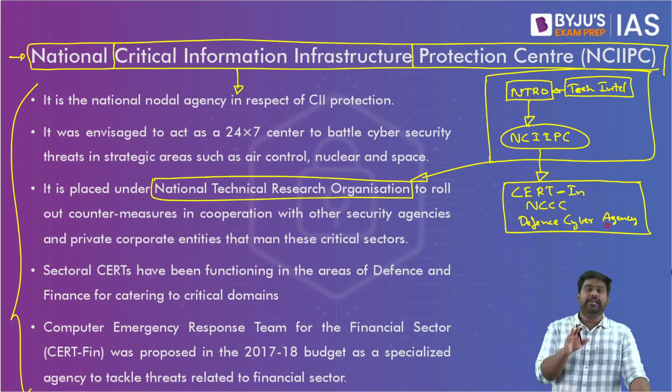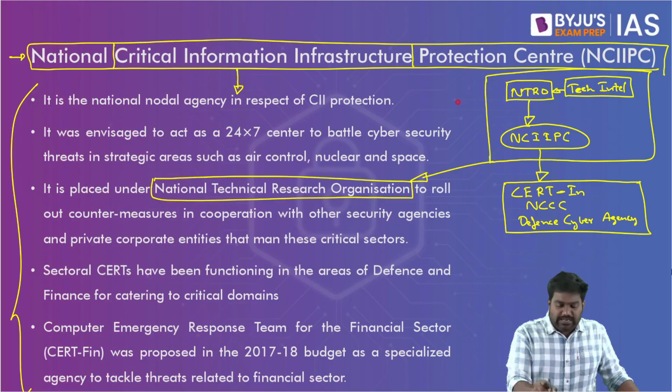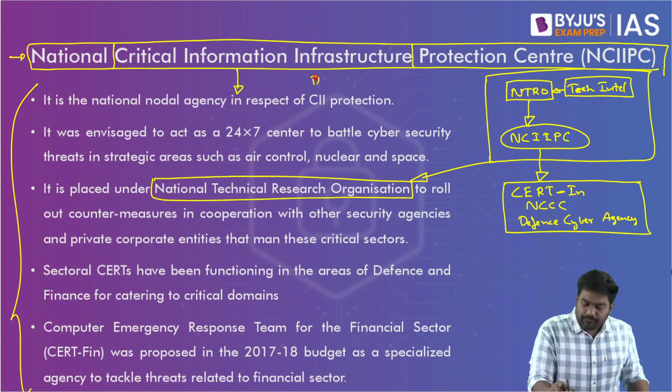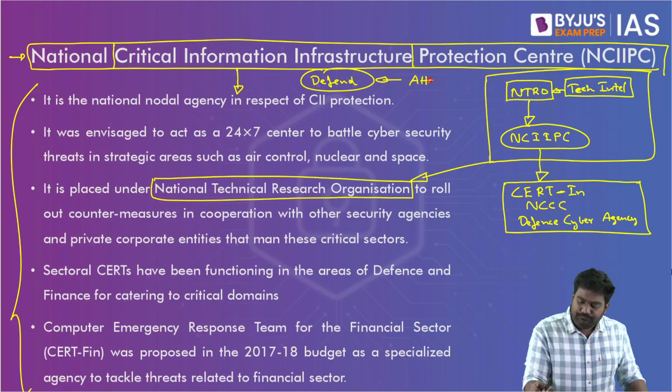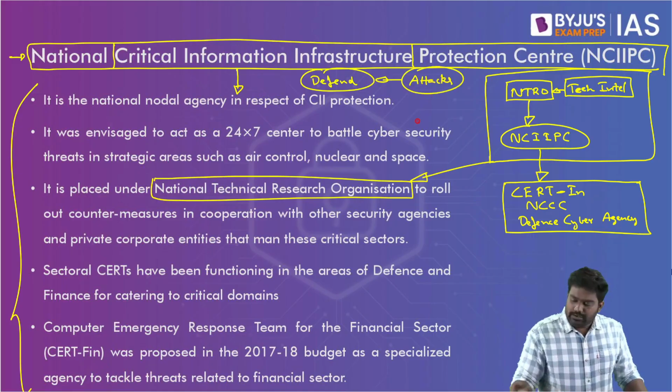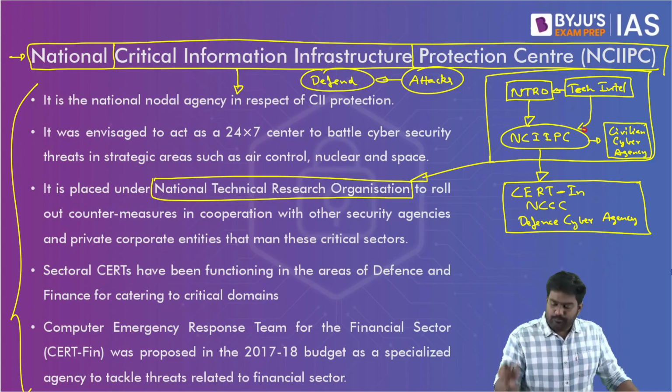Four major agencies are established. So NCIIPC is mainly responsible for critical information infrastructure, to defend it against any inbound attacks. All right. So this again is a civilian cyber agency. It is a civilian cyber agency manned by civilian officials under NTRO.